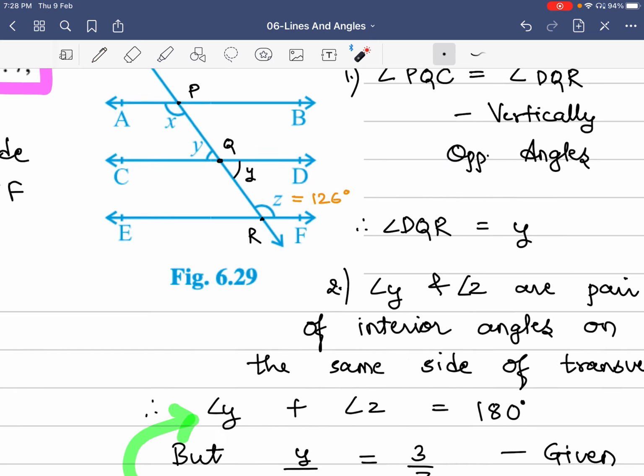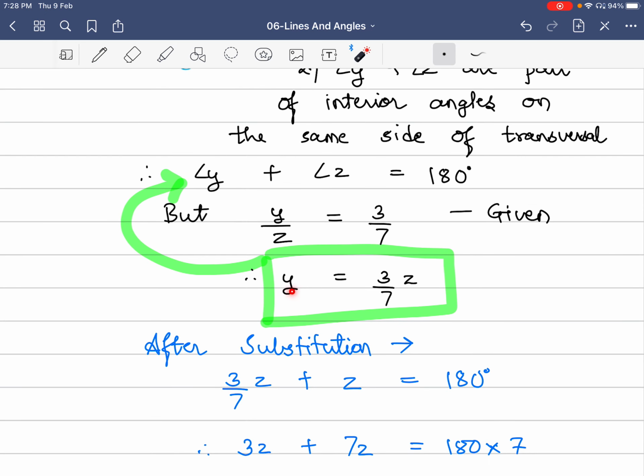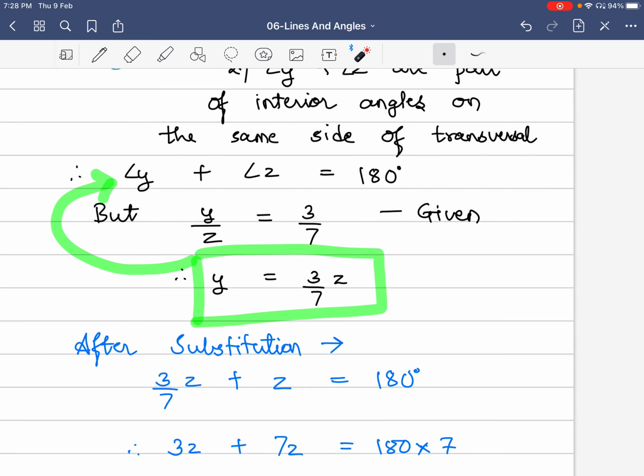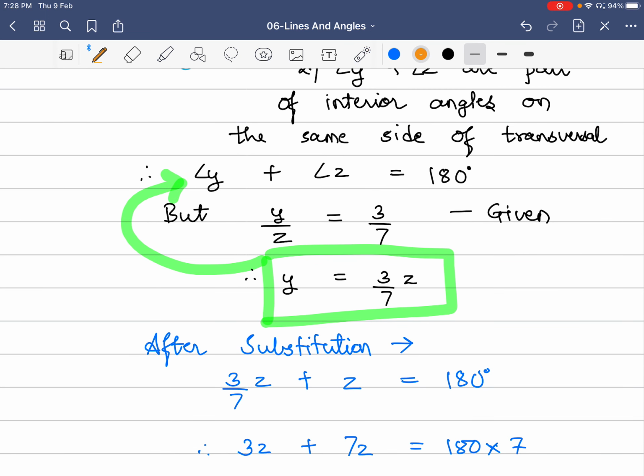Now we can easily find the value of Y, because Y is 3 by 7 times Z. So Y is equal to 3 by 7 times Z, which is 126 degrees. That is equal to 3 into 126 divided by 7, which is 18, and that is equal to 54. So Y is equal to 54 degrees.